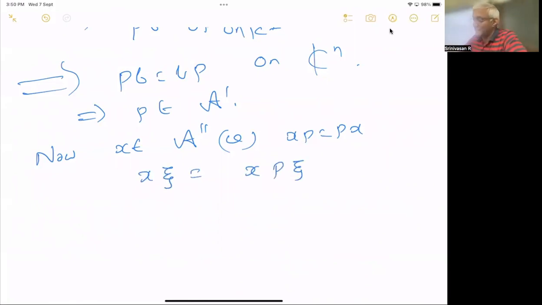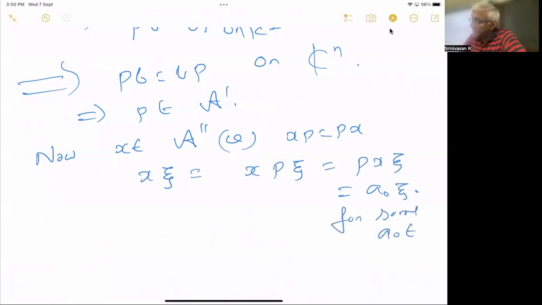So XP xi equals PX xi, because X commutes with P. X xi is some vector, we don't care. But P, when it acts on it, brings it to K, so it has to be of the form some A times xi. So this is equal to some A naught times xi, for some A naught in A.